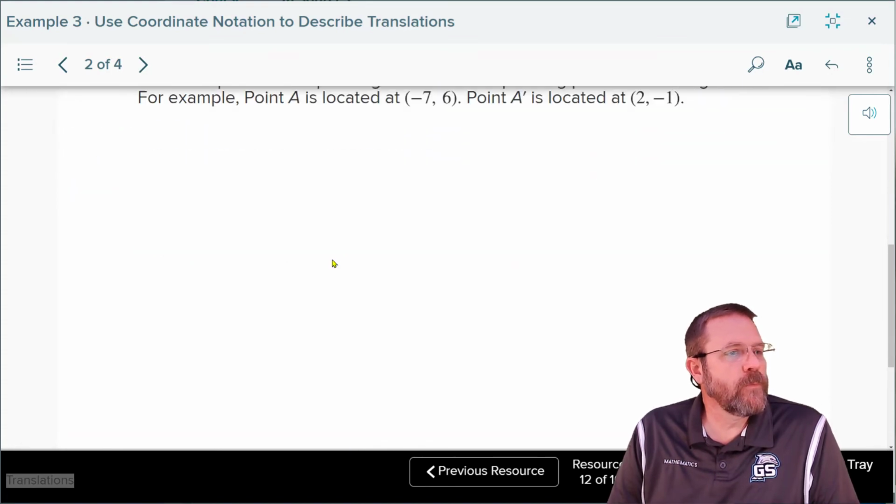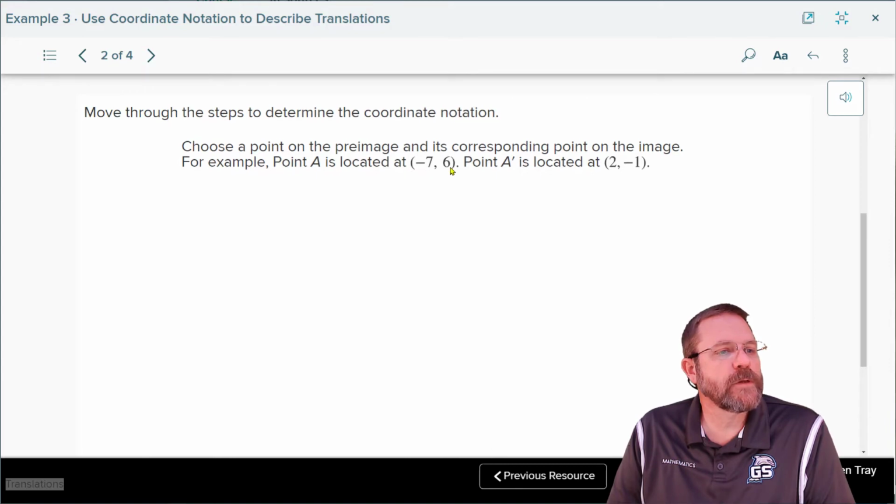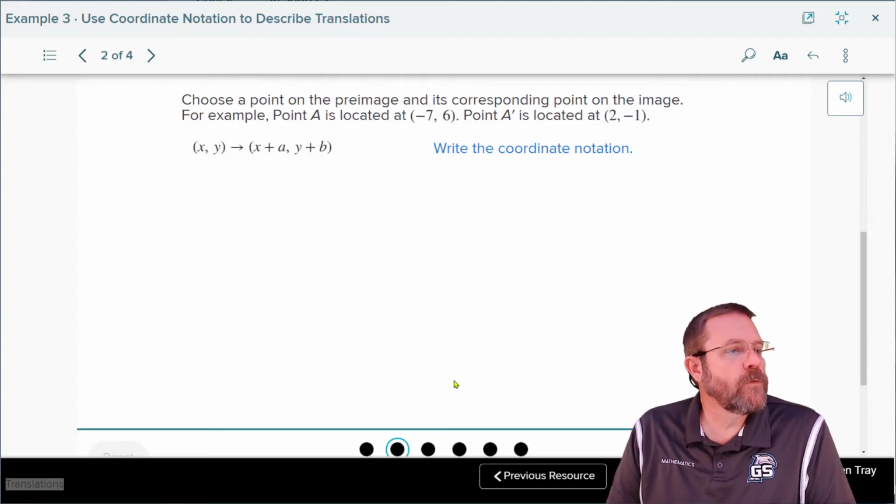Move through the steps, and we're going to pick a point from the pre-image and its corresponding point on the image. For example, point A was located at negative 7, 6, while A prime is now at 2, negative 1. So what they said was that the original point x, y, your formula is going to be x plus a, y plus b.